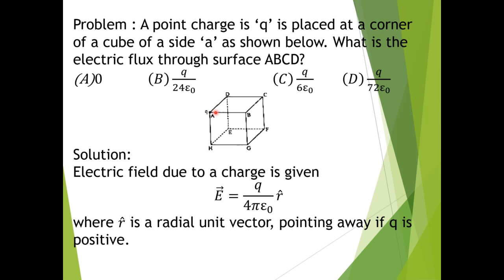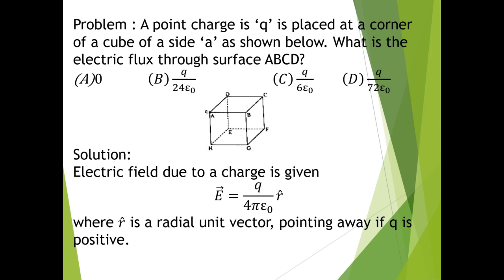So let's first write down the expression for the electric field due to charge Q. So this is the electric field vector, and this is the magnitude, which is Q over 4 pi epsilon naught, and r cap is the unit vector which points radially outwards. So this gives us the electric field vector due to this charge Q.